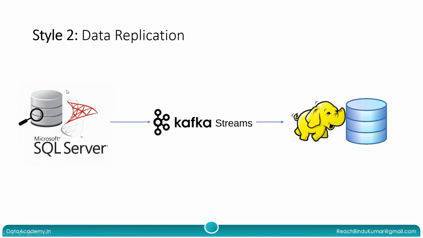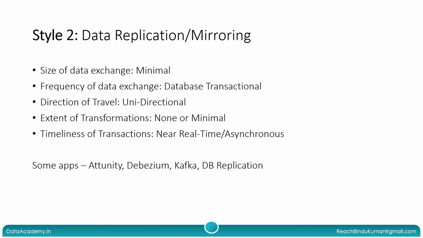We can insert the records and consider the transaction to be committed, and maybe within a few seconds, a few minutes, or maybe even a few hours, the data appears in the Hadoop database. That is called asynchronous data integration. Here are some examples of tools that help you do it. You have Attunity, you have Debezium, Kafka, and of course the inbuilt database replication that comes with every database.